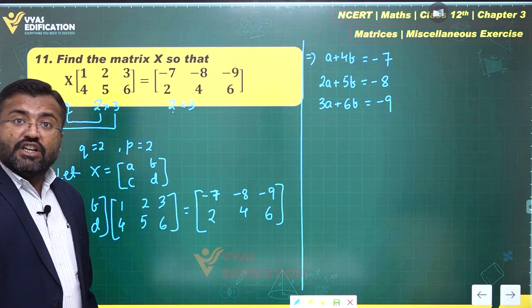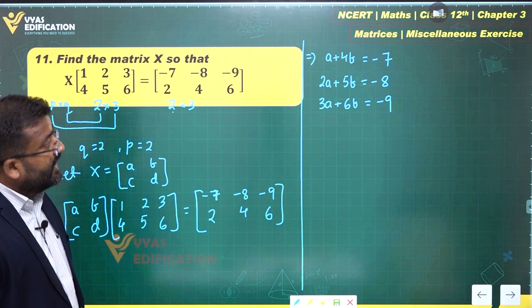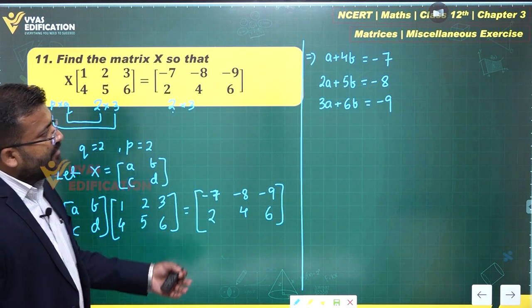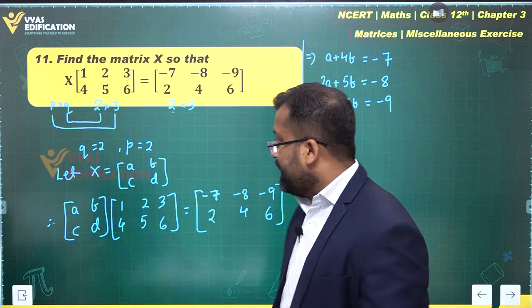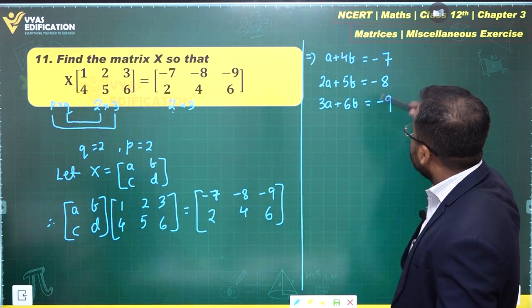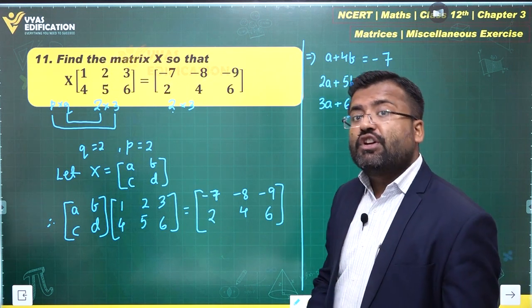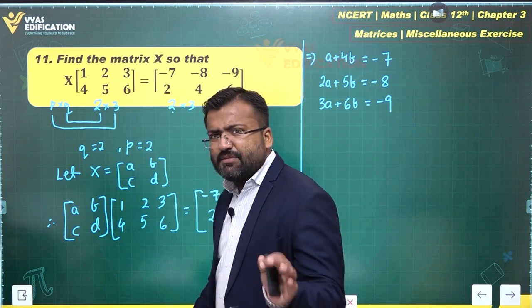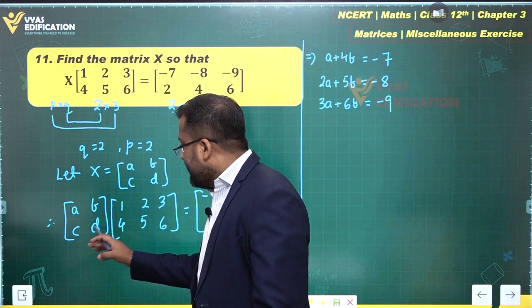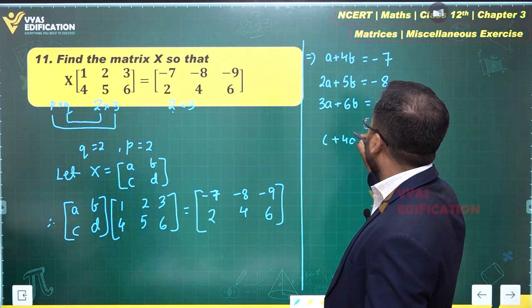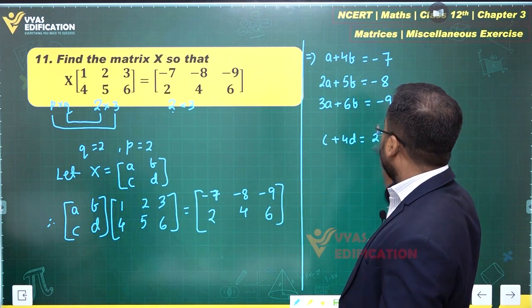You actually have 3 equations. You only have 2 unknowns over here in these 3 equations. 2 more unknowns are here, C and D. We can form 3 more equations for C and D. Let's see. We only need 2 more equations, by the way. But since there are more number of equations, we'll have to check for consistency. Okay, here it will not be an issue, as you will observe, and I'll explain why. So C and D, second row, first column would give me C plus 4D, which is 2.